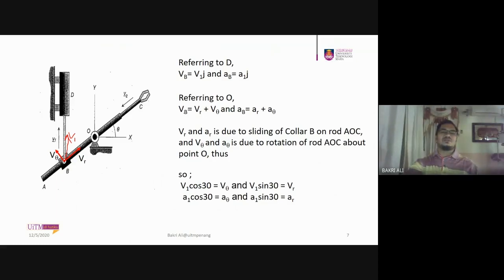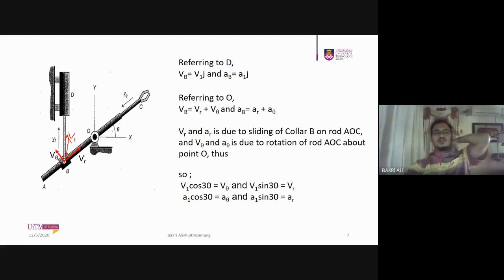So if we refer to point O, VB is given by VR plus V theta in vector algebra, and of course AB is also given by AR and A theta.